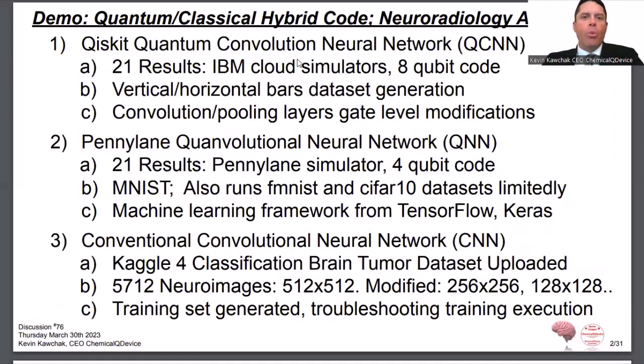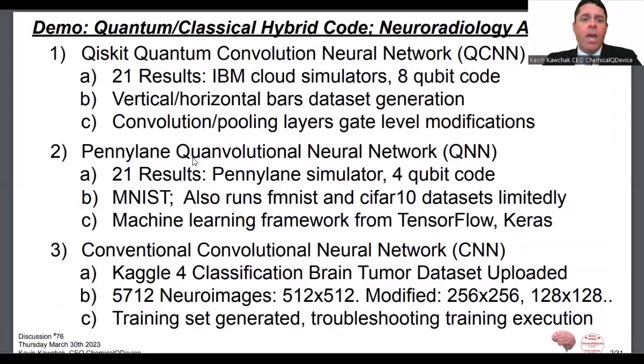It gets into some of the more details. I did a bunch of experiments, 21 of each. The first one is vertical and horizontal lines by IBM, running on a quantum simulator in the cloud. And I believe the training is being done quantumly, as you could see the qubits line up with those convolutional layers.